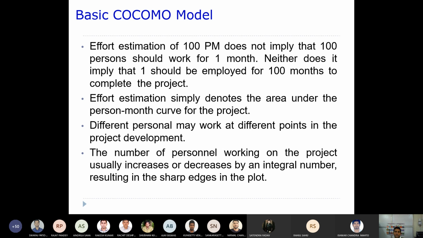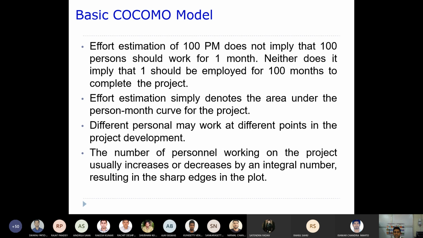You cannot think like this: 100 persons working for 1 month, or one person working for 100 months. This is not the interpretation when you say 100 person-months.